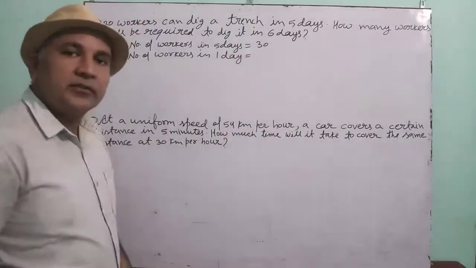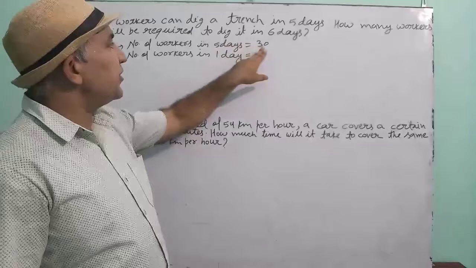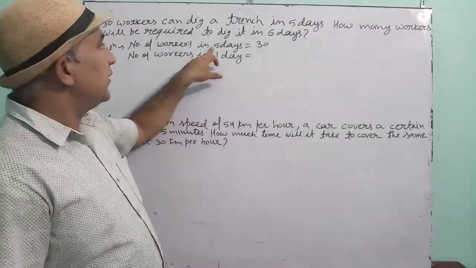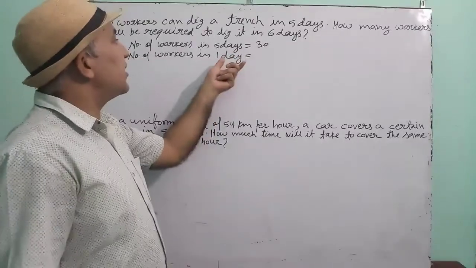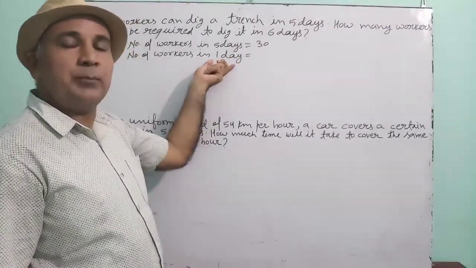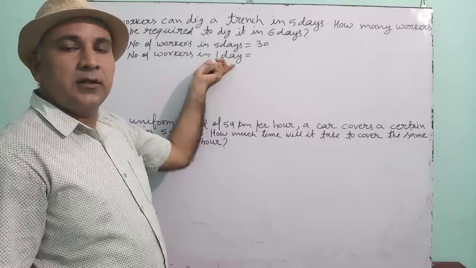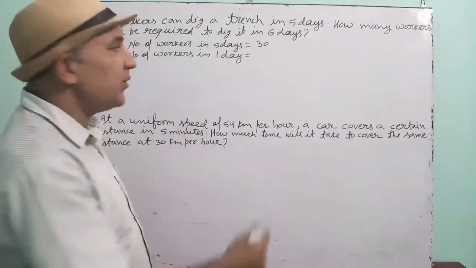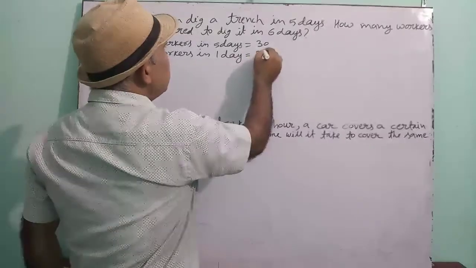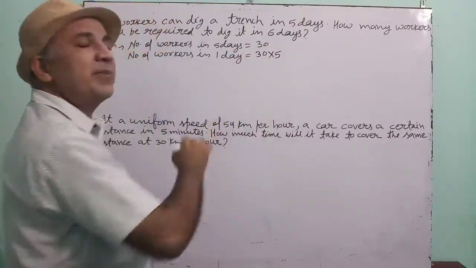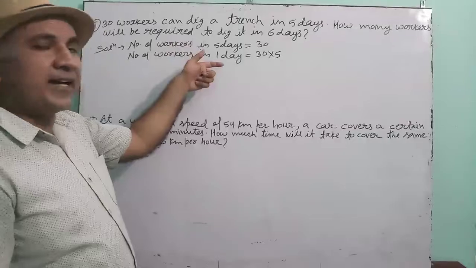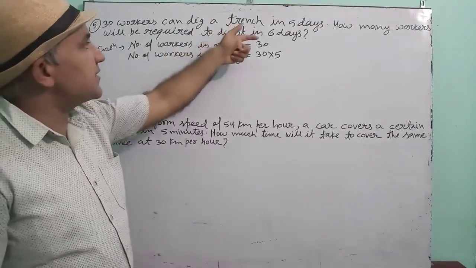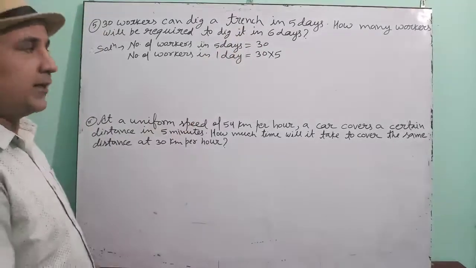Now just think, if 30 workers are taking 5 days, then more workers will be required to complete the work in 1 day. If we have to complete the work in 1 day, we have to increase the number of workers. So this 30 will be multiplied by 5. This is the indirect variation. One quantity is decreasing, then the second quantity is increasing.